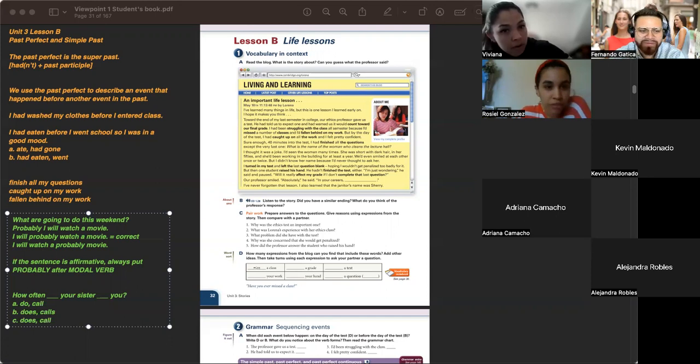Letter C. Wonderful. How often does your sister call you? Good. Does, because sister is third person singular. And call, because in questions with do or does, we never use the verb with S. We use a normal verb in its base form.